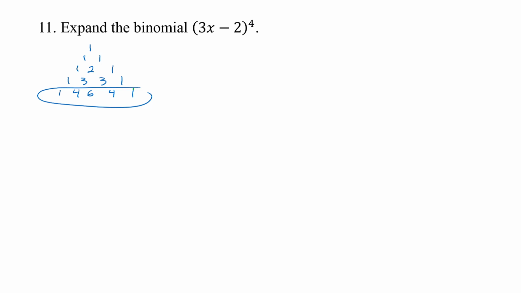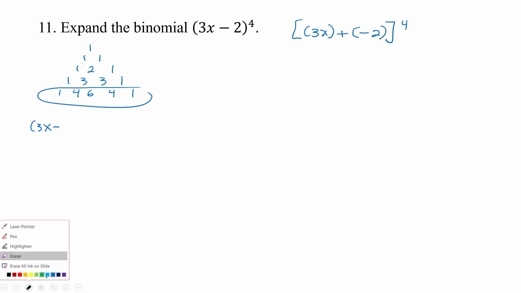The first thing I'm going to do is rewrite my binomial as 3x plus a negative 2 raised to the 4th power. And now as I expand, I'll have 3x minus 2 raised to the 4th power equals, I'm going to grab this first one here in Pascal's triangle, the 5th row.